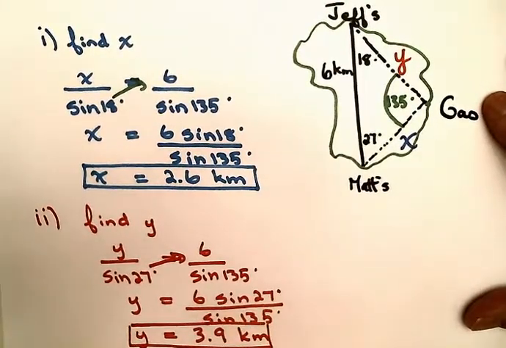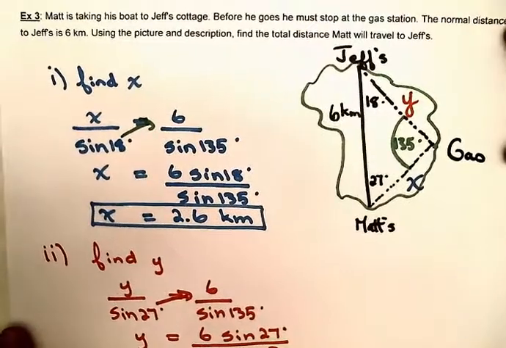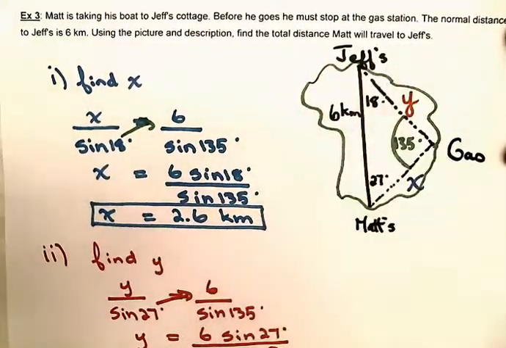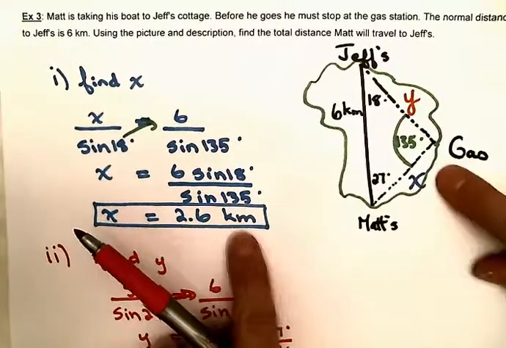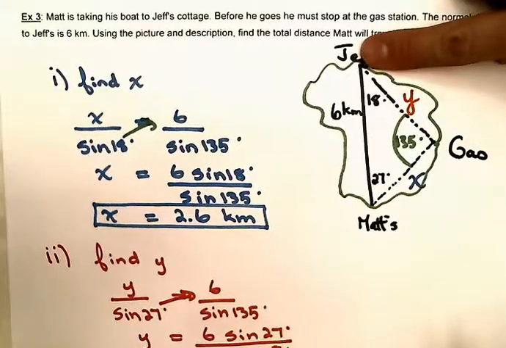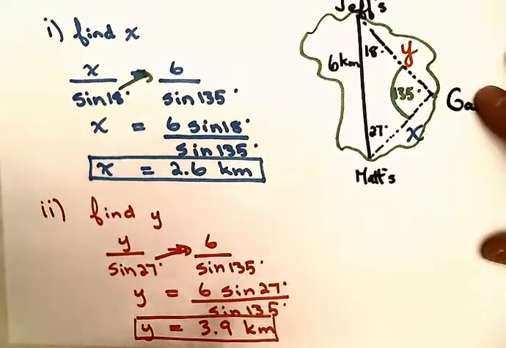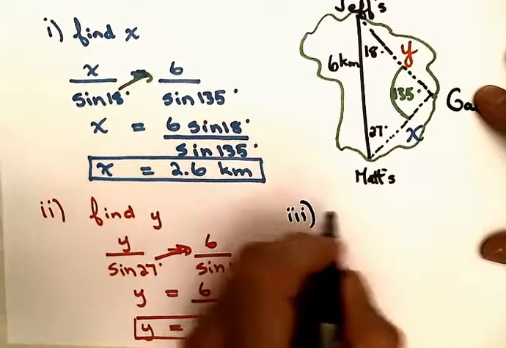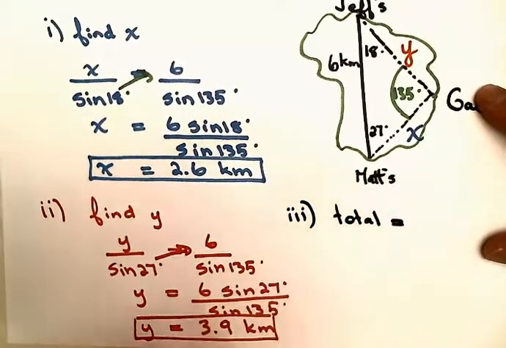And now read the question, because it does say in the question, using the picture and description, find the total distance Matt will travel to Jeff's. Well, Matt drove 2.6 kilometers, and then he drove, how much was it again? 3.9 kilometers. So your third and final step would be the total. You'd add them up, right? It's x plus y.